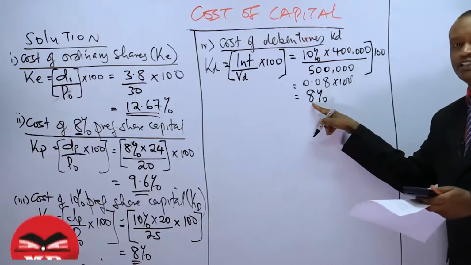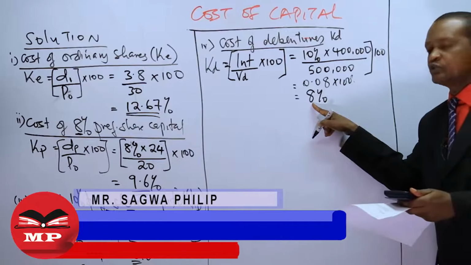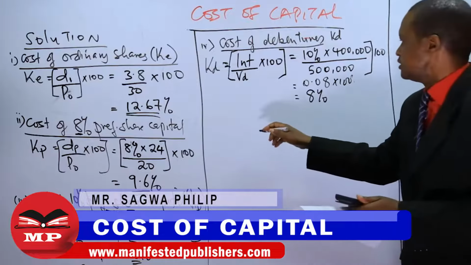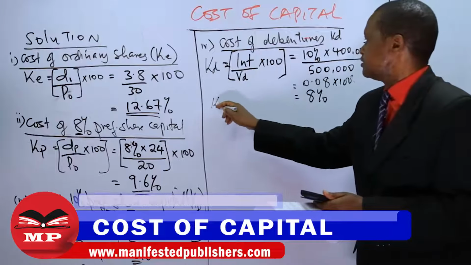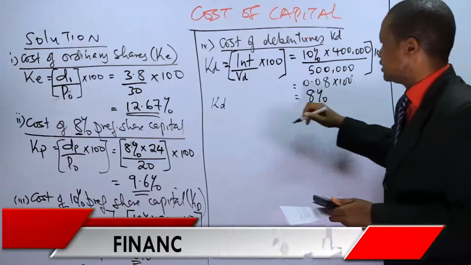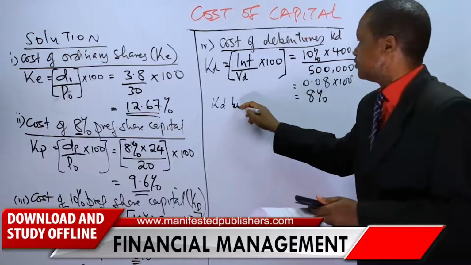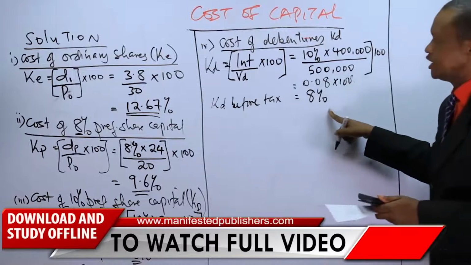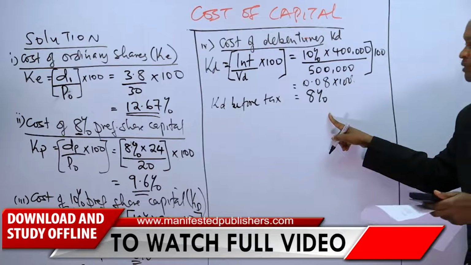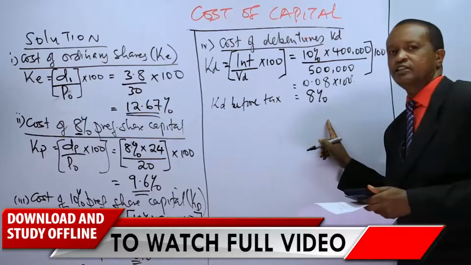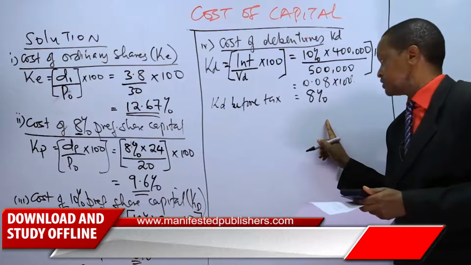But this 8% is before tax. KD before tax is equal to 8%. But we remember we say that interest is a tax allowable expense.